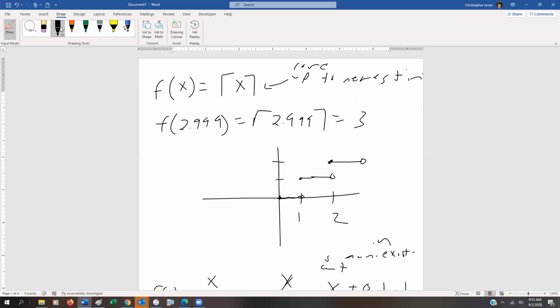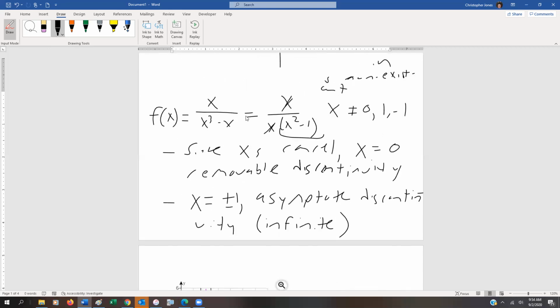All right, and so notice there's a discontinuity here and here. Those are called jump discontinuities, sometimes called step discontinuities. Again, we don't worry about those too much in this course. So this is the third type. And the other two types, remember, are the removable, and then finally, there's an infinite discontinuity, or sometimes the asymptote discontinuity.